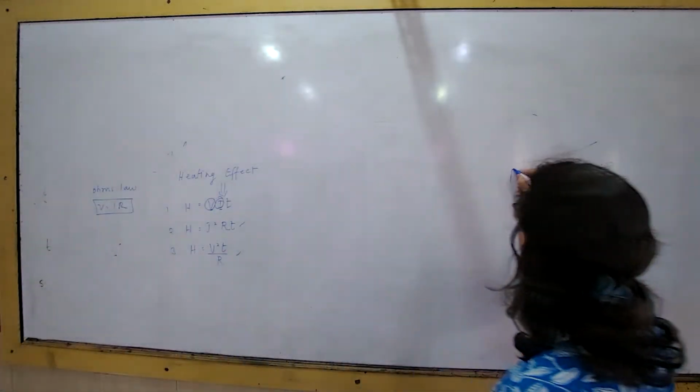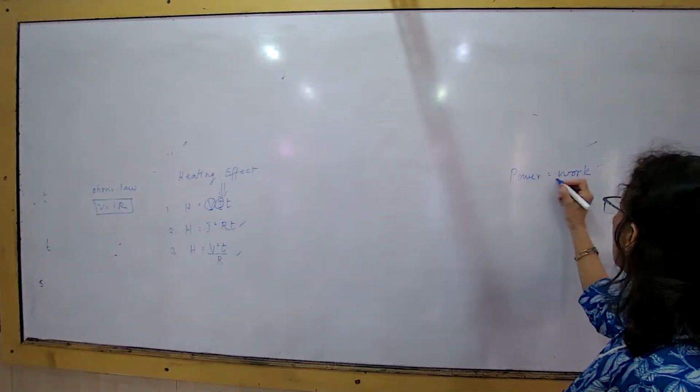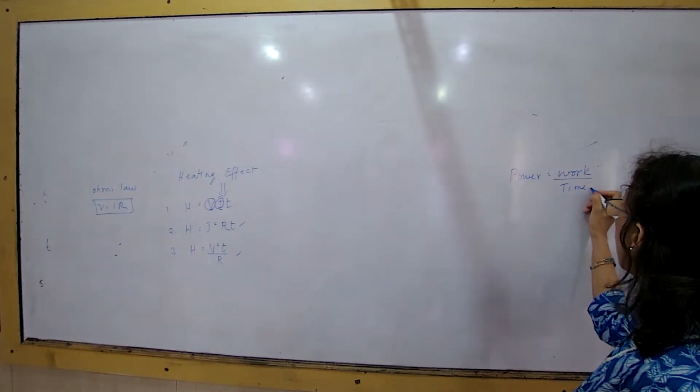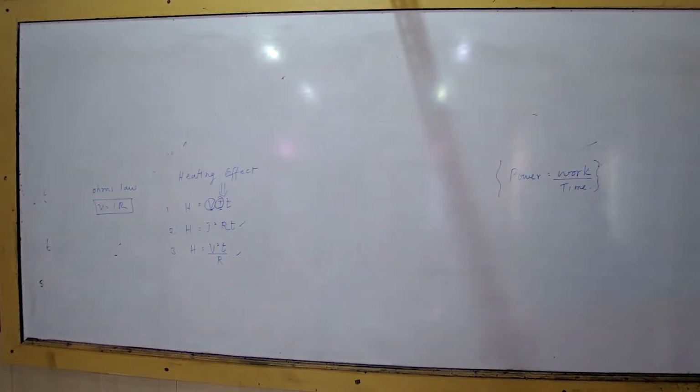Next, we were also talking about power. We have seen that power is equal to work upon time. Now let's take a simple example of what we have learned last standard. That's regarding actually the mechanical power. Suppose you have a staircase, right? And let us say there are about 50 steps or whatever it is.